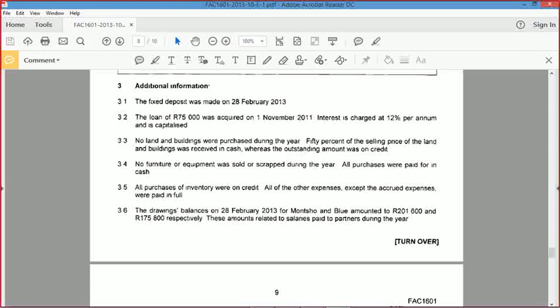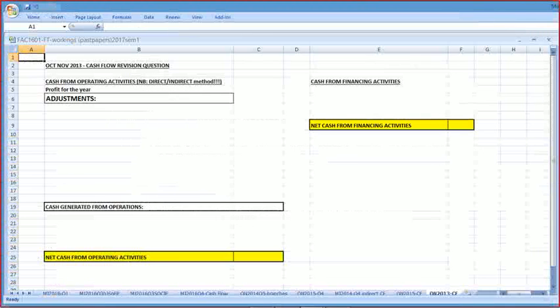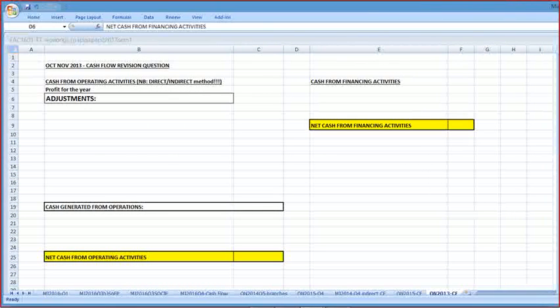Remember, interest is capitalized, so what does that mean? It means it isn't paid. If it's capitalized, it's added to the balance of the loan.